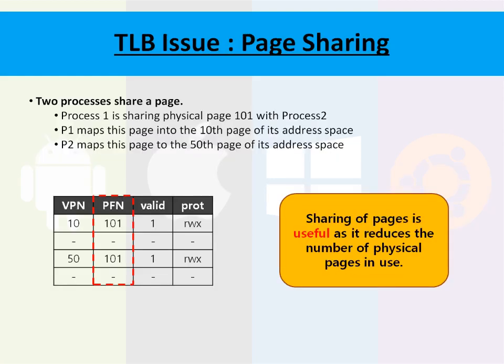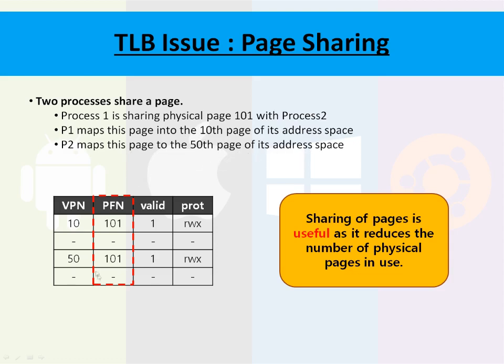Another problem is page sharing. Two processes can share the same page frame. Process 1 is sharing physical page 100 with process 2. So when we put this in the TLB, process 1 maps this page into the 10th page of its address space, and process 2 maps this physical page to the 50th page of its own address space.